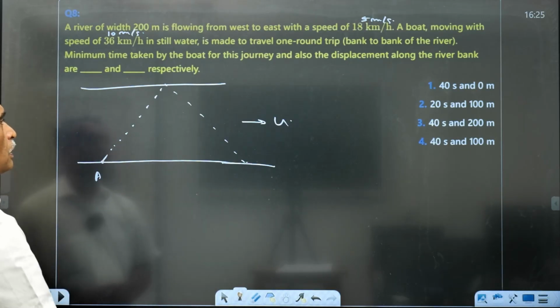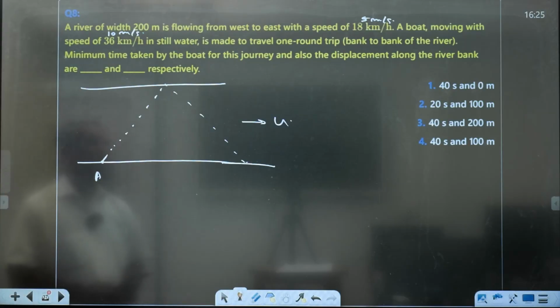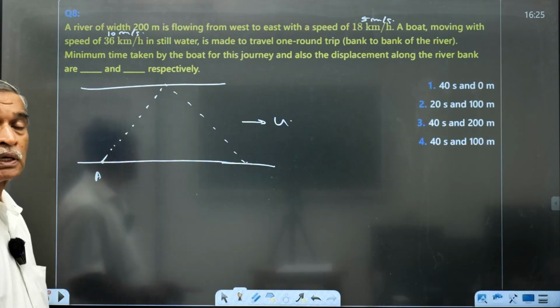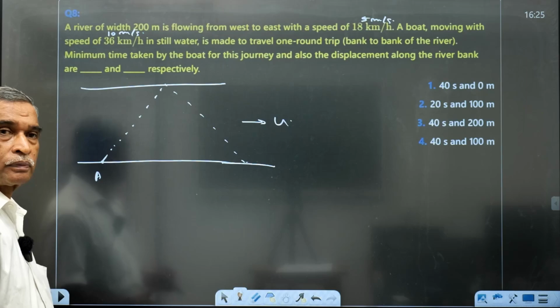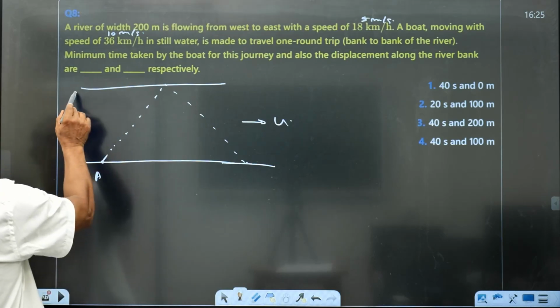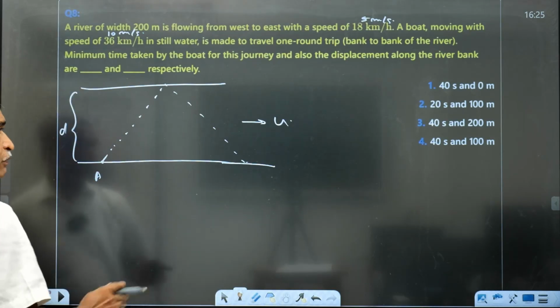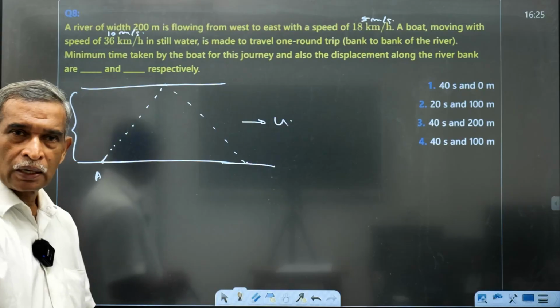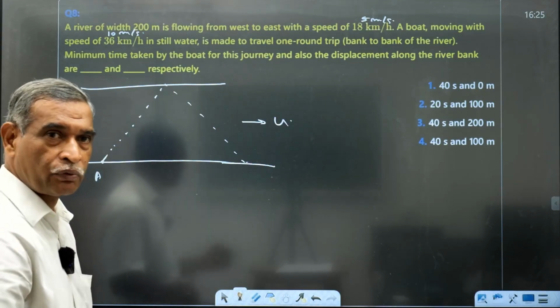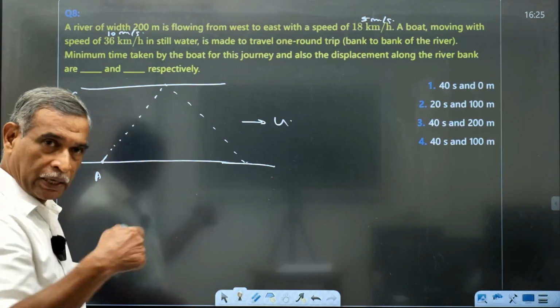Now there are two questions. In least time mode, if d is the width of the river and v is the velocity of the man, the time to cross the river is d by v, and to return back again d by v.